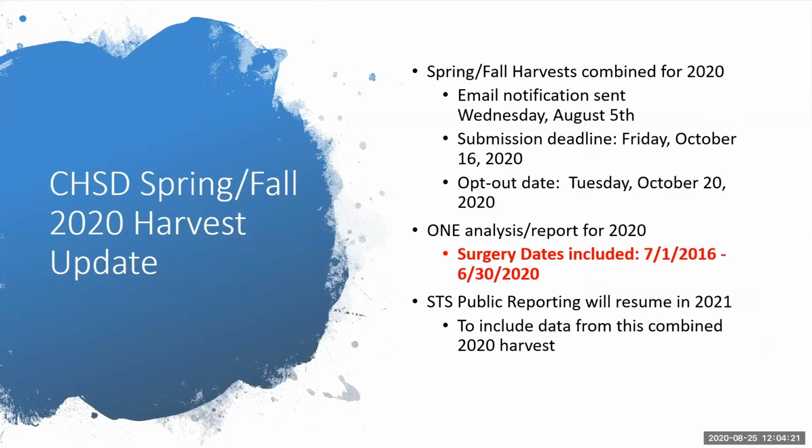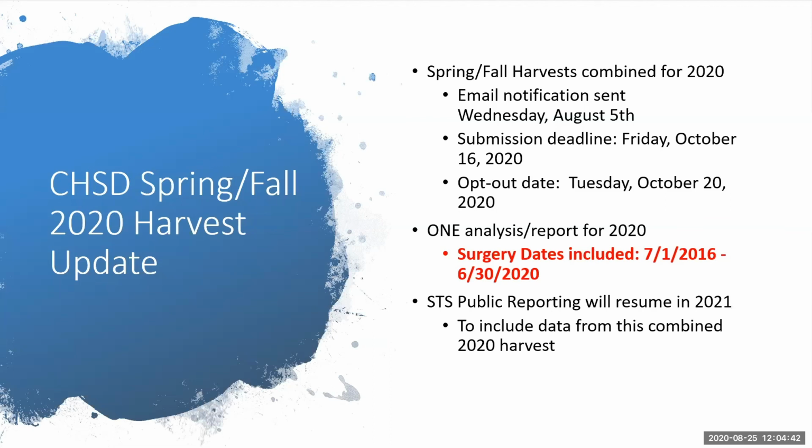All right. Again, I wanted to review the current harvest information. I know you've all seen this information, but I want to continue to share it on each user group call. On August 5th, the Congenital Database Manager community was notified of the plans for the 2020 harvest.